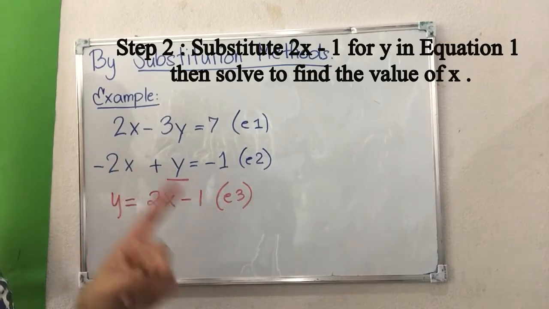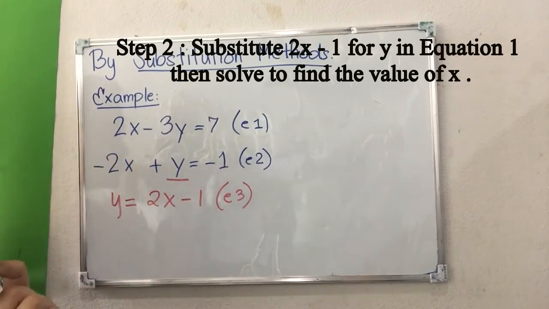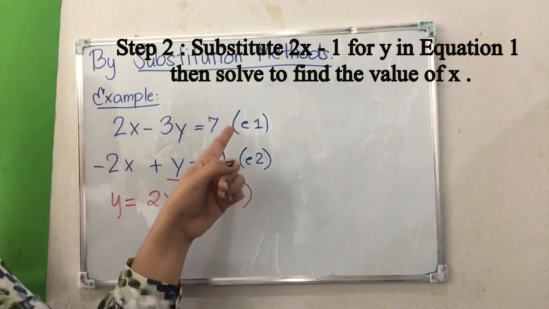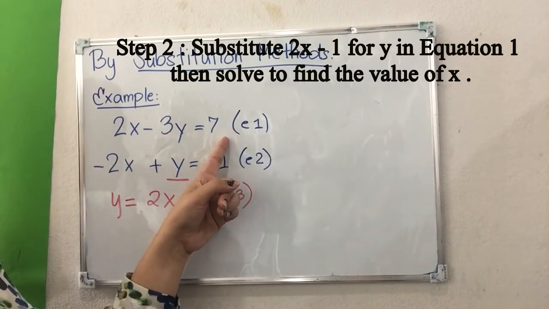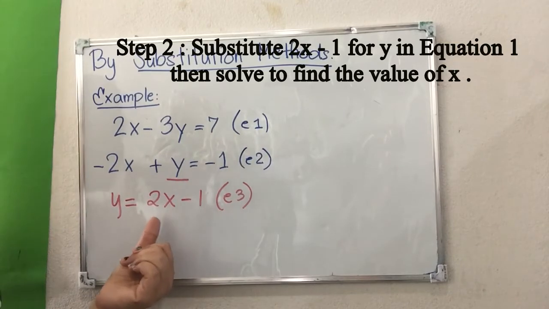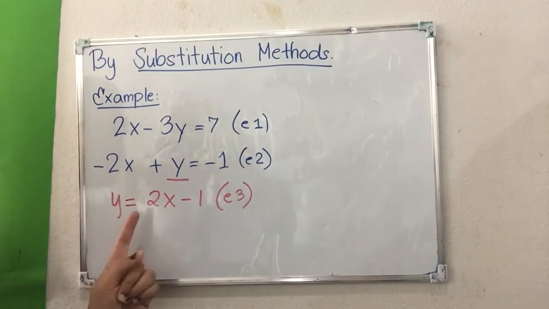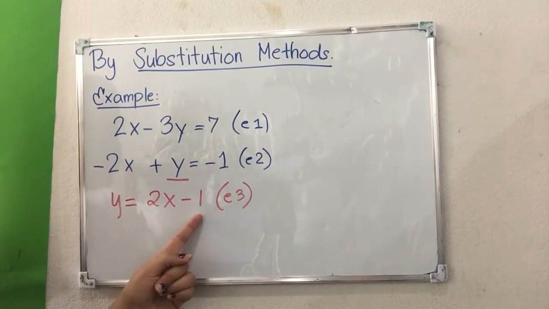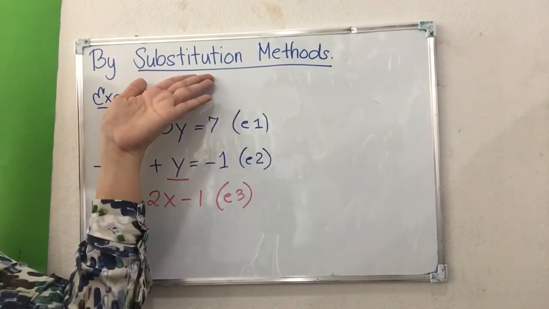That is step 2: solve equation 1 by substituting the value of y with 2x minus 1. That's why it's called the substitution method.